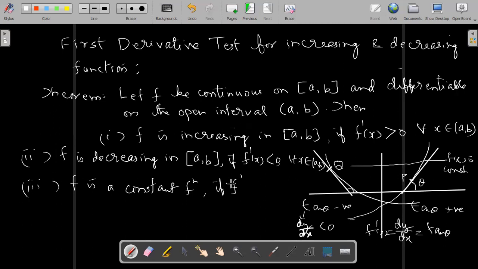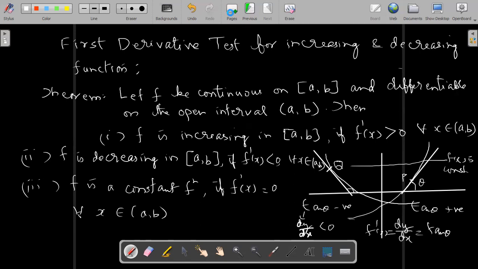So f dash x for a constant function is 0 for all x belongs to AB. A constant function is not increasing or decreasing. So we have to find out by finding the differentiation.